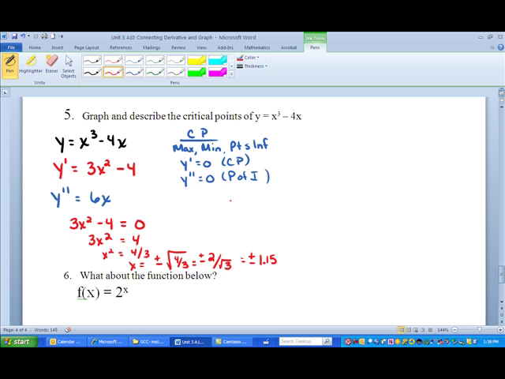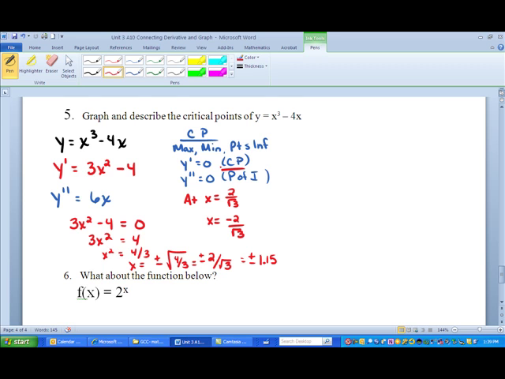So what we know is at x equals 2 over the square root of 3, and at x equals negative 2 over the square root of 3, we have critical points. So we have just found the location of 2 critical points. Now what we need to figure out is what is happening at those critical points. If our graph is concave down, then we have a maximum critical point.